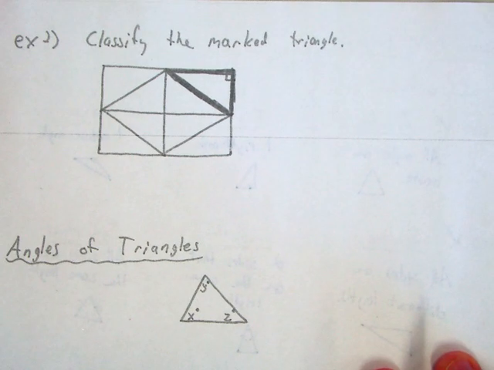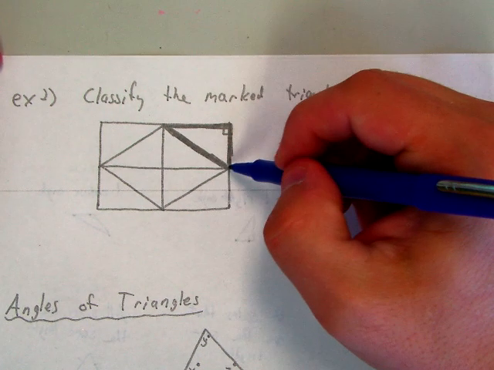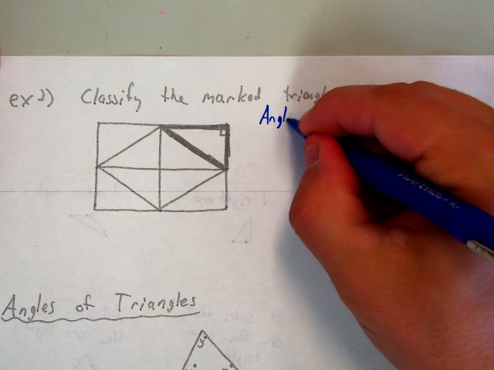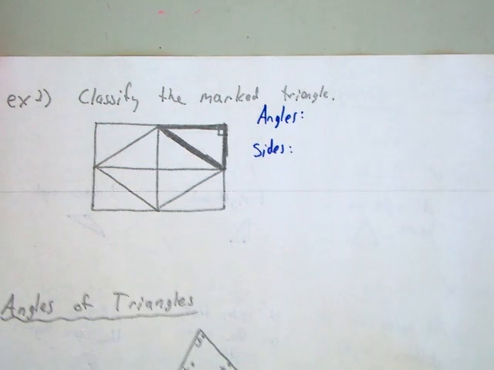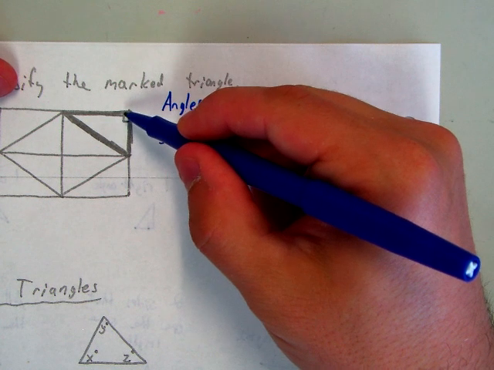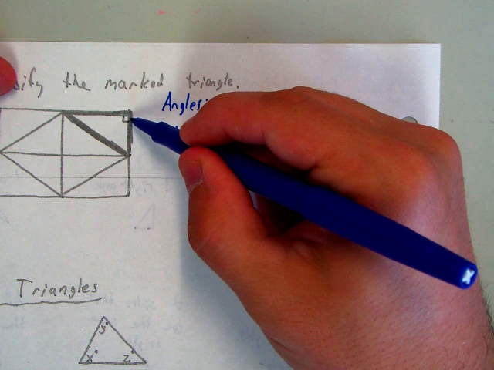Alright, let's look on the back side here. Example 2, it says classify the marked triangle. That's this one right here. First of all, we're going to do it by angles and then by sides. You probably noticed that there is a right angle here. That's denoted by this box, this little edge here.